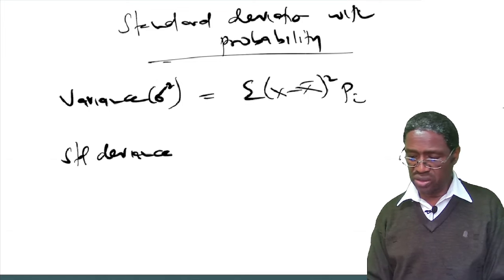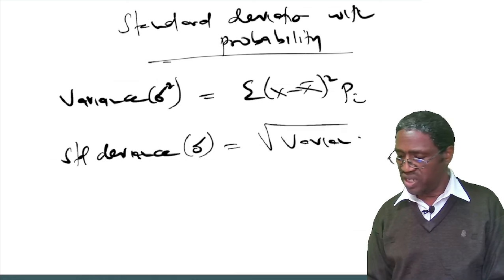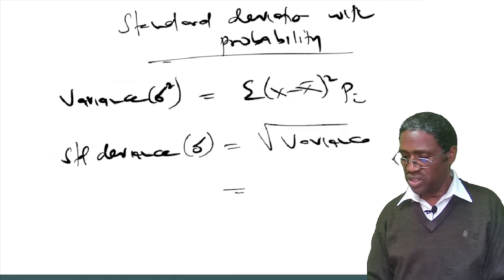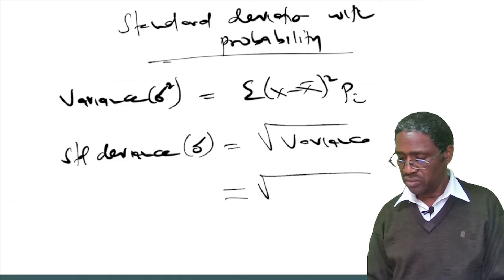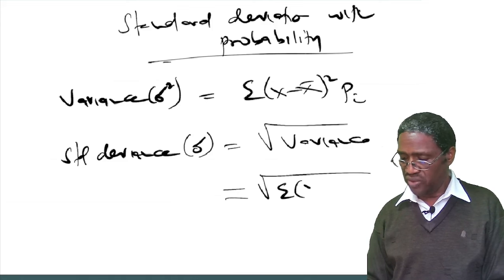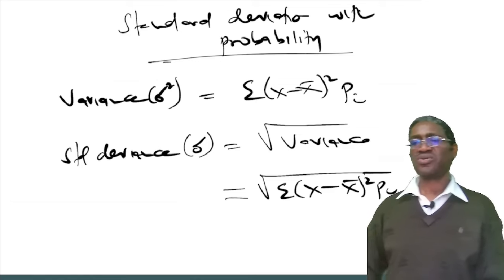Standard deviation, which is theta, is equal to the square root of what? Variance. So it's the square root of the summation of x minus x bar, everything squared, times pi. Good. Copy that formula.